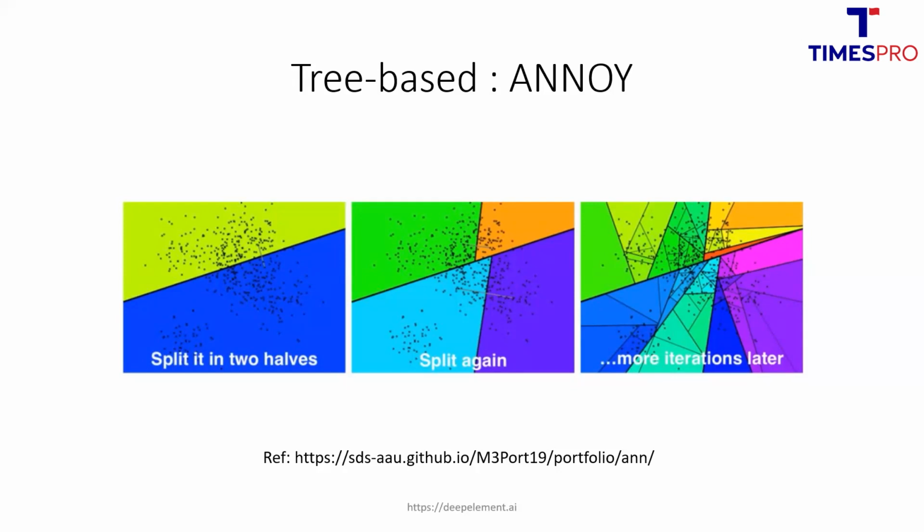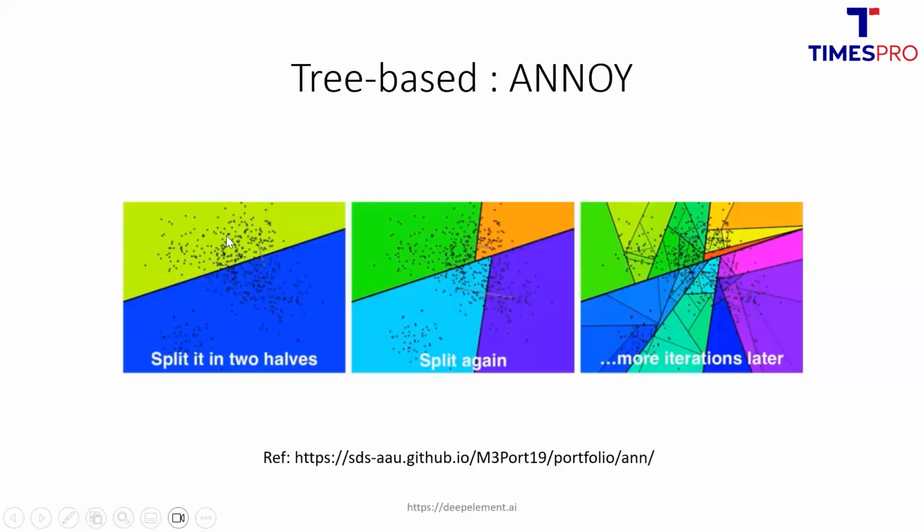Now, how do you do similarity search? When a query vector comes, you take the first tree and go from the root to the leaf node. You take the first hyperplane and see whether the point lies on the green side or on the blue side.